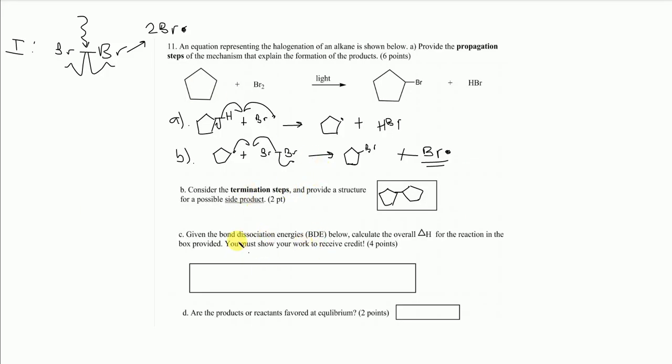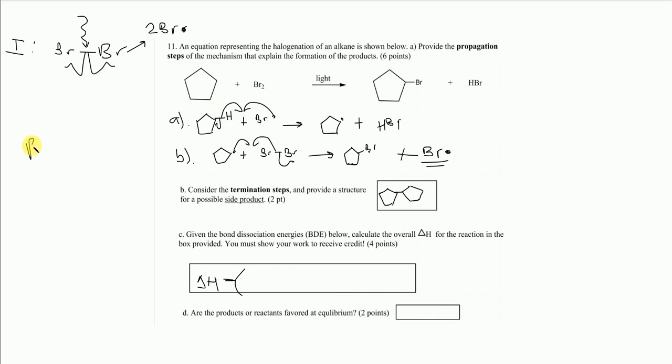All right, given the bond dissociation energies below, calculate the overall delta H for the reaction in the box provided. Okay, so what is this doing? So what I'm doing is the calculation of the bonds that were broken minus the bonds formed. So what bonds were broken?